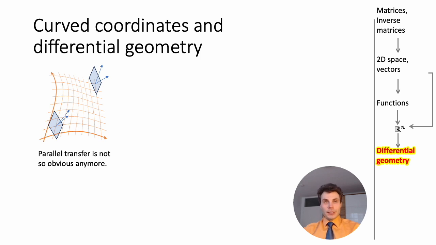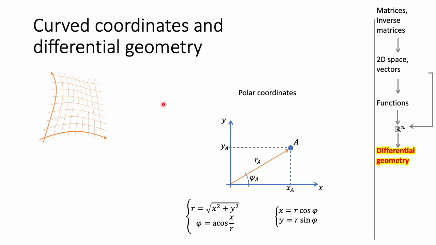Now let me give you an example of curved space. The simplest, I guess, example, and also pretty widely used, is polar coordinates. What is it? It's essentially replacing the x and y of the original plane by phi and r, which are the length of the radius vector of the point and the angle between the x-axis and the vector associated with the point.